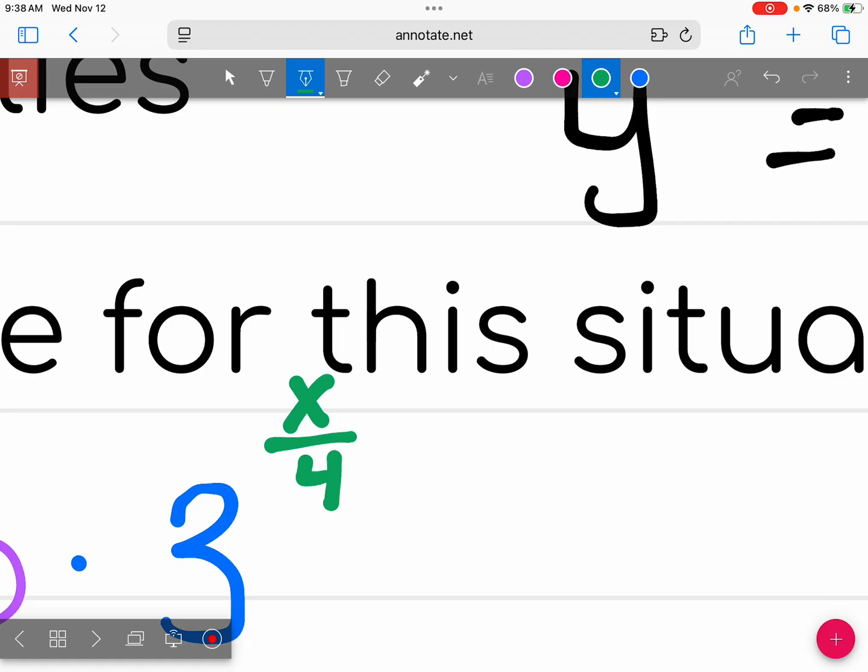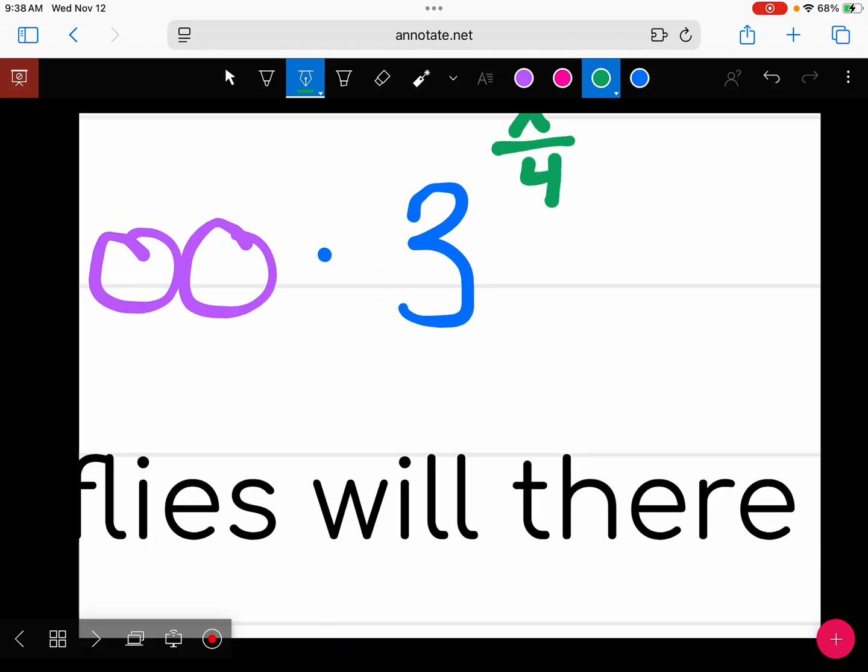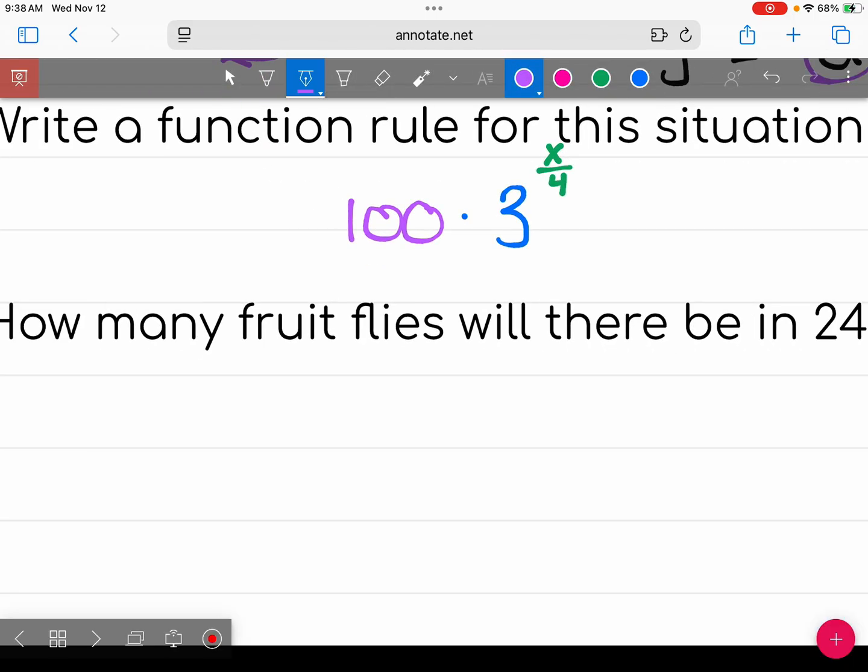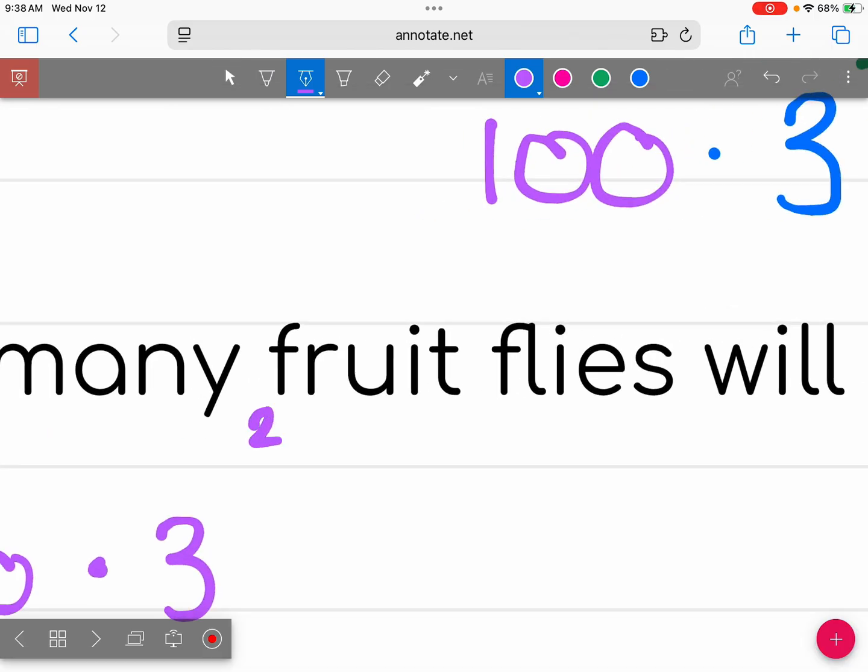So we want to find out how many fruit flies there will be in 24 hours. So we want to put in x equals 24 to find this answer. When we set this up to type in this equation, we have our 100 times 3 to the 24 over 4.